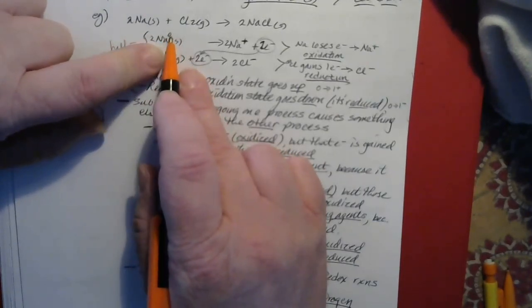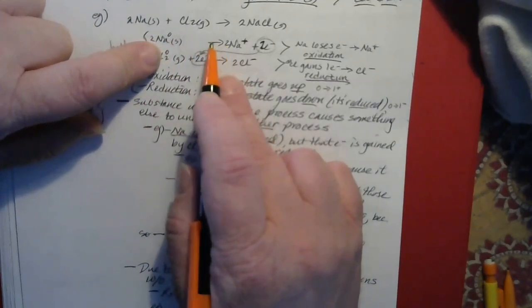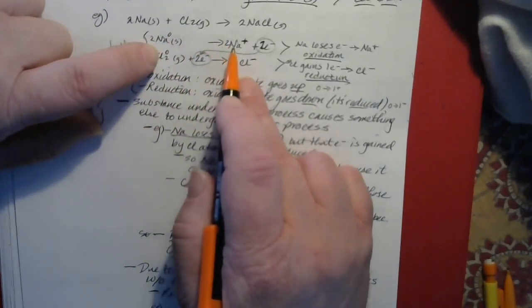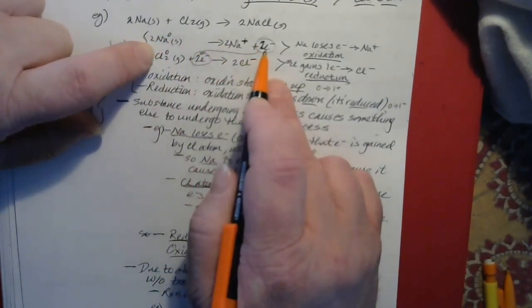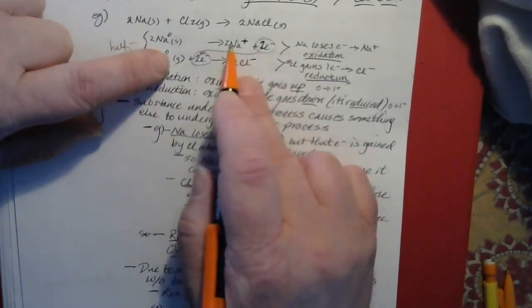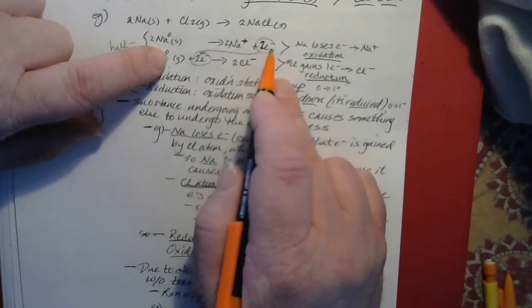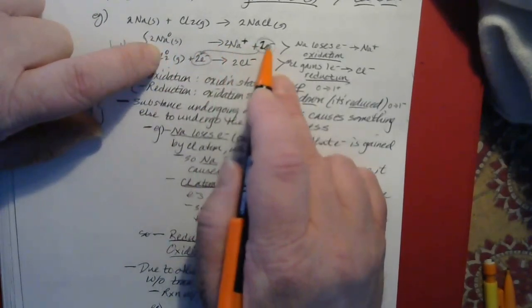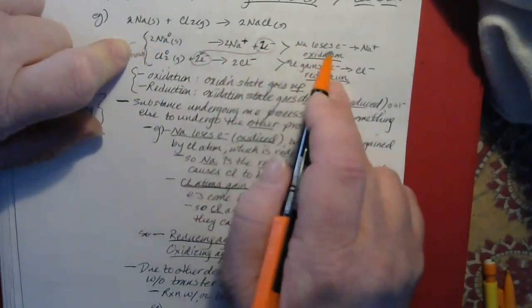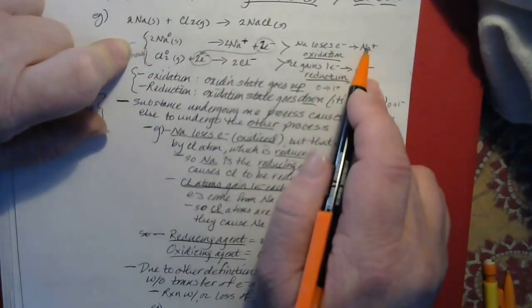So I wrote a little zero in to emphasize that. And what happens is each sodium gives up one electron. So each sodium becomes Na+ and gives up an electron, but there are two sodiums, so that's a total of 2 electrons. So sodium loses electrons to become Na+.